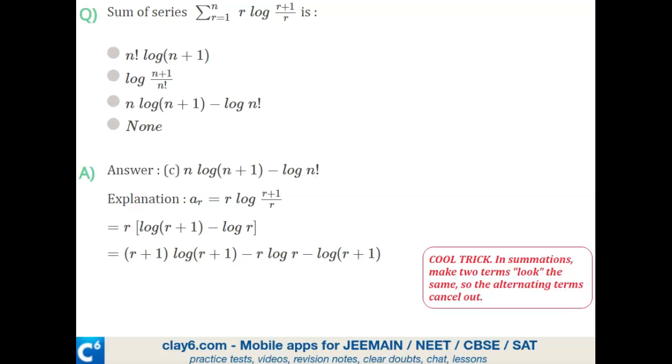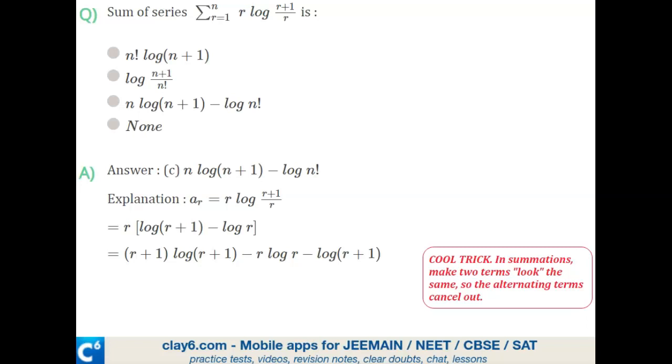If I get (r plus 1) log (r plus 1), then I would be cancelling out every term. This is a very important observation. Keep that in mind: when you have a negative term, can I get a positive term in summations which will look very similar but off by 1? So in this case we said (r plus 1) log (r plus 1) minus r log r. Then obviously, to compensate for the additional log (r plus 1) we added, we are subtracting that, minus log (r plus 1).